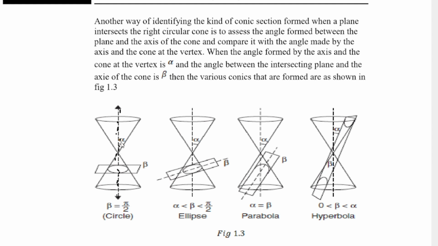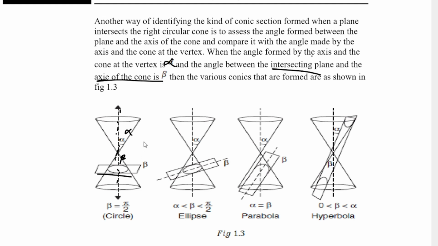All right. So here we are talking about the angle formed by the axis and the cone, and the angle formed by the axis and the plane. We represent the angle formed by the axis and one slant height of the cone at the vertex as alpha. We also represent the angle between the intersecting plane and the axis of the cone as beta.